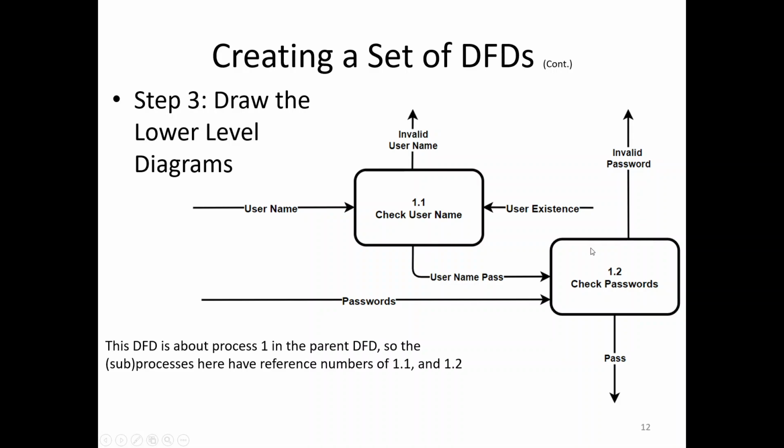Here is the level 1 diagram for process 1. As we can see here, process 1 is decomposed into process 1.1 and process 1.2. Process 1.1 is responsible for checking username. It checks the username based on the username provided by the user, and also information from the data store.